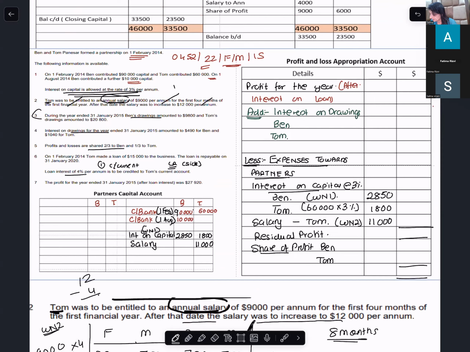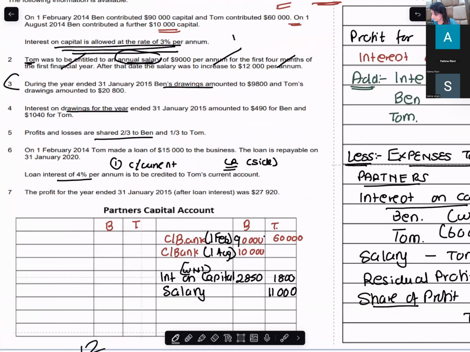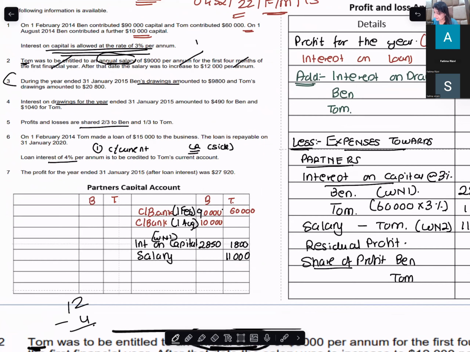Third adjustment is for drawings. Where do I record the drawings? Drawings, debit side of the capital account. I'll write 9,800 and 2,800. Where do I record the interest on drawings?